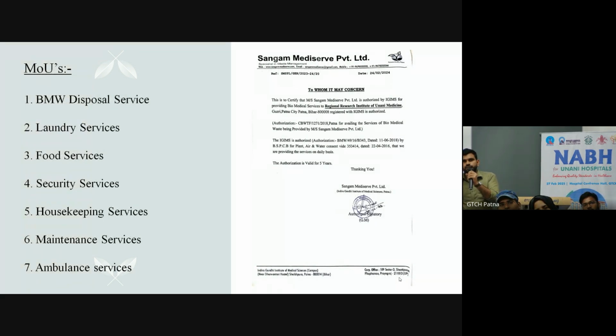Next is MOU for the services that are not available in the facility. We need to sign a MOU with external agencies, and this should be the format. Like I already explained, if we are not providing a medical waste disposal facility, then it should be signed with an external agency.